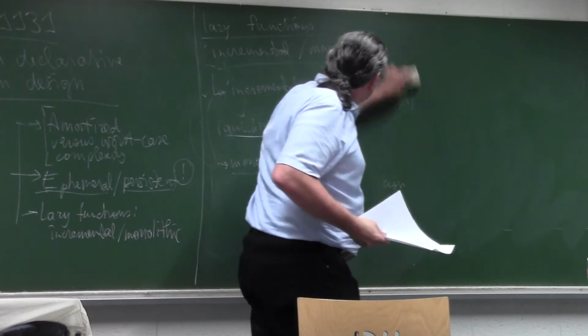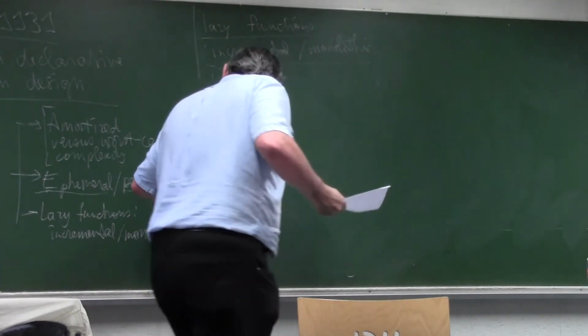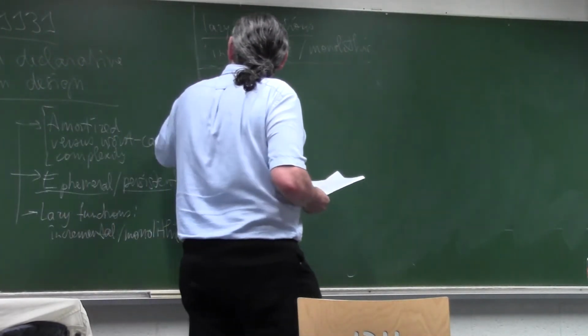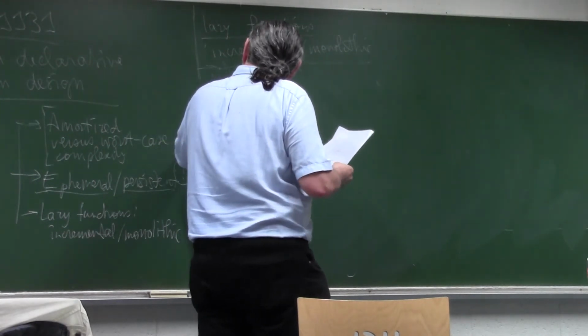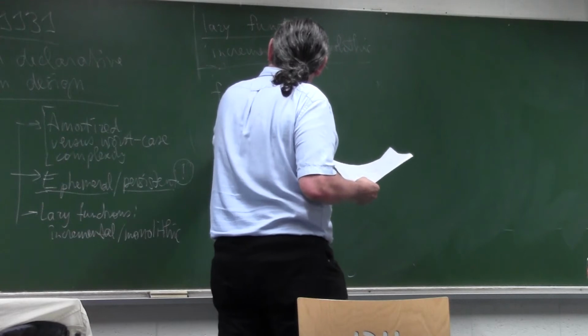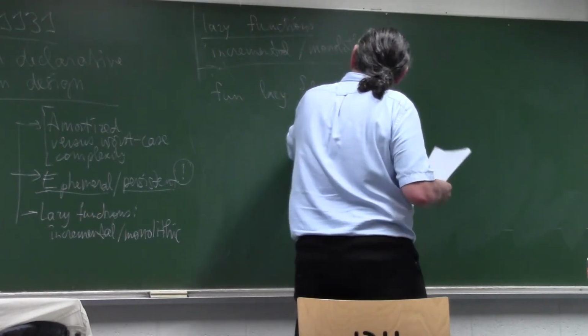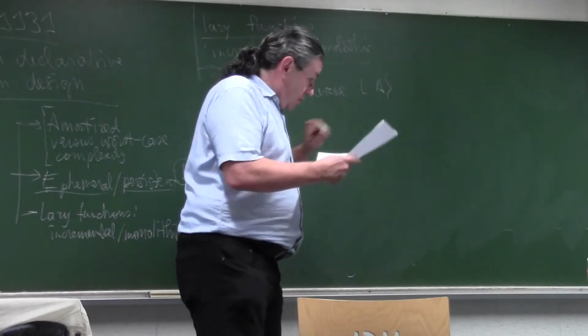Let me give you one example of a monolithic function, one that we're going to see in the examples. It's list reverse. I want to reverse the elements of a list. So, a lazy function, reverse with an accumulator.